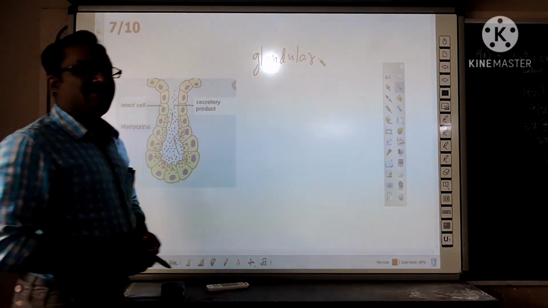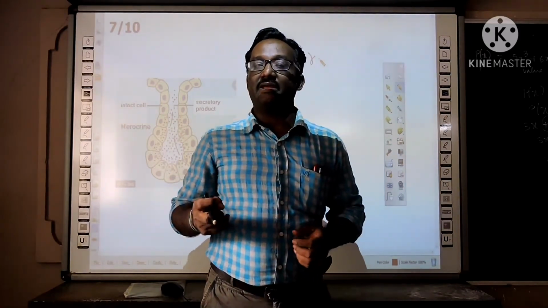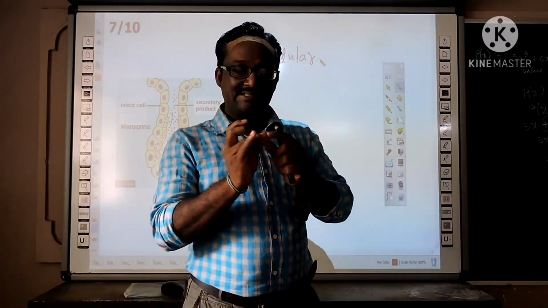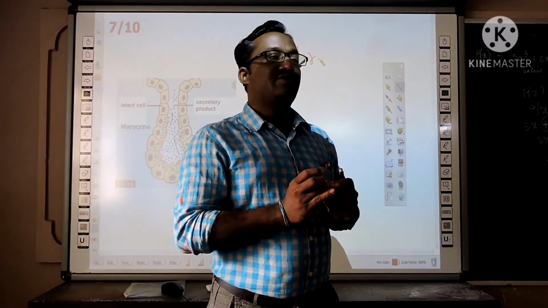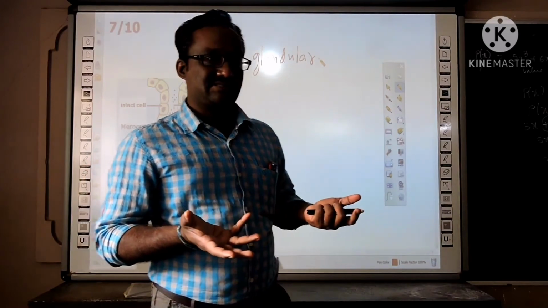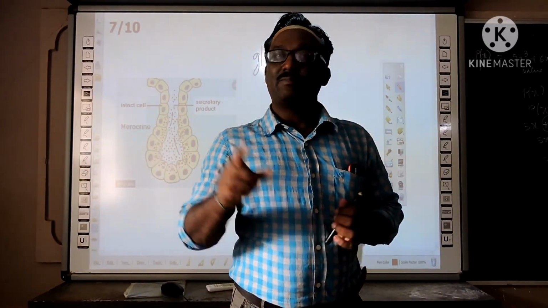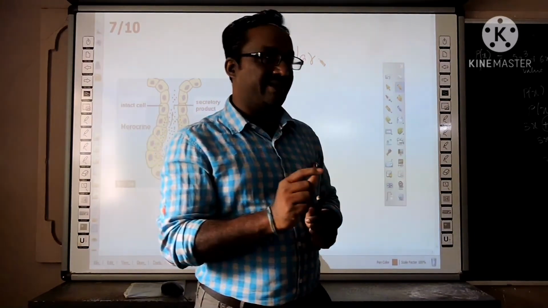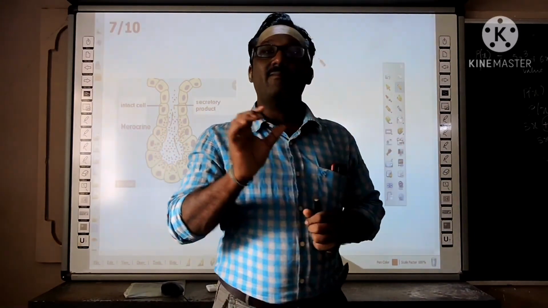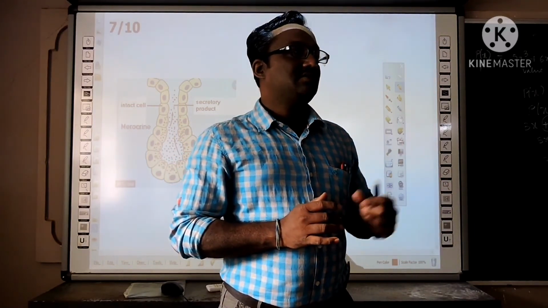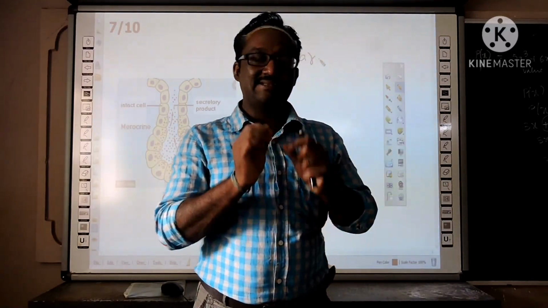Actually, some parts in our body are modifications of epithelium. For example, nails. From which tissue do the nails come? Epithelial cells. In plants, some epidermal cells develop into root hairs and stomata. That is called modification. In our body also, epithelial tissue is modified into nails and hair.